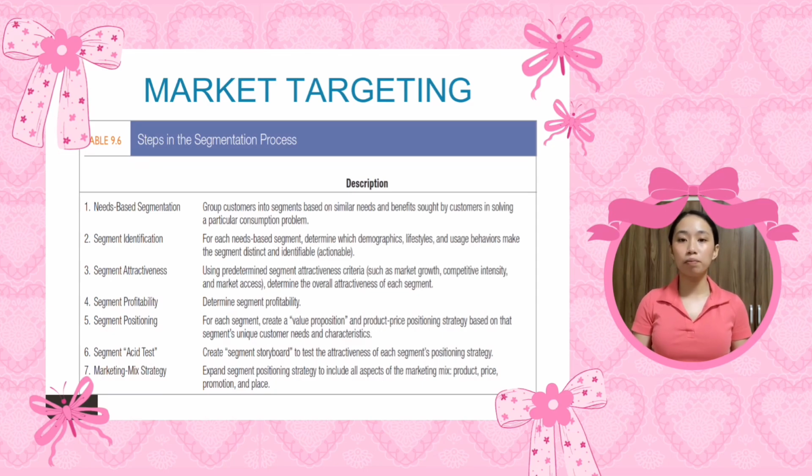Fourth, segment profitability. Analyze the financial viability of targeting each segment. Fifth, segment positioning. Develop a value proposition and pricing strategies suited to each segment. Sixth, segment acid test. Use a segment storyboard to test positioning effectiveness. Lastly is marketing mix strategy. Expand this strategy to include product, price, promotion, and place.